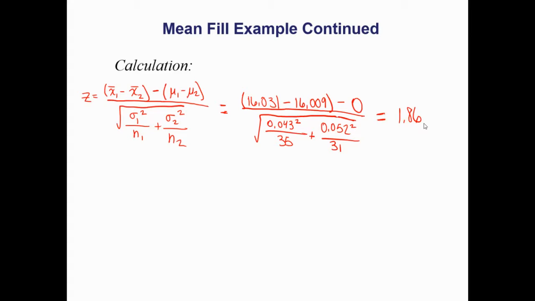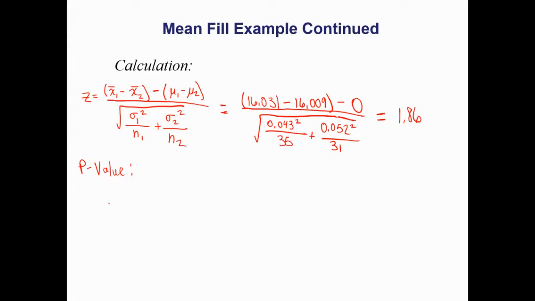Now let's get the p-value. Now what kind of test is this? Is this one-tailed or two-tailed? Two-tailed, we have not equal.